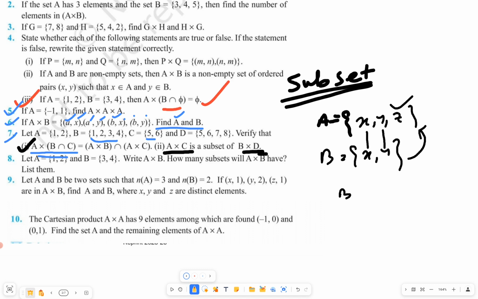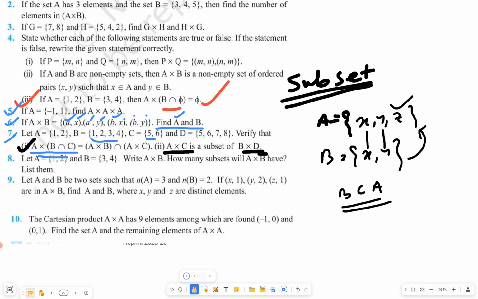So B is a subset, a proper subset of A. OK. It is a subset, also a proper subset.